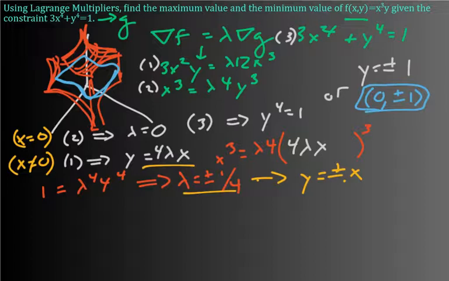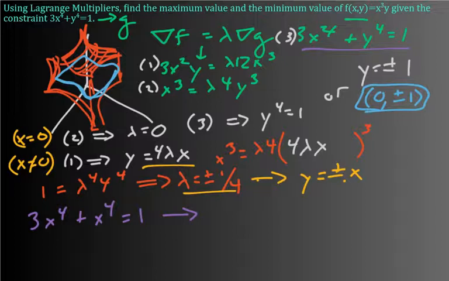That's nice, we've gotten rid of lambda there. So I can go to the constraint, which I haven't used yet. If I plug in what y is, we'll have 3x to the fourth plus y to the fourth. Y is plus or minus x, so the sign doesn't really matter.